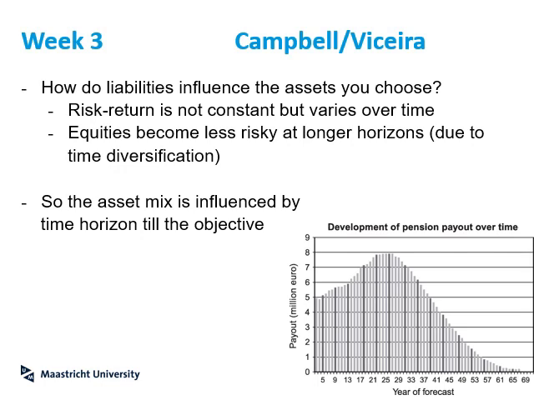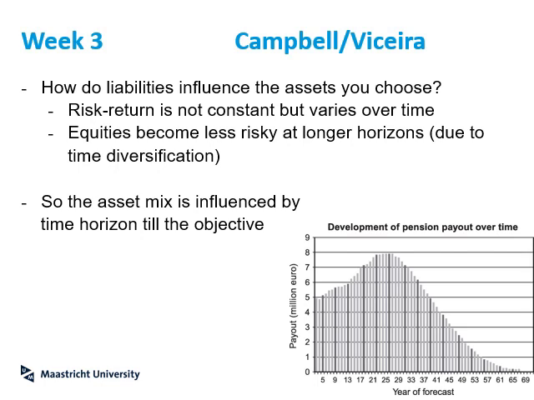So what we learned from this article is that the liabilities do influence the way we invest. Because in the end, we found out via Campbell and Viceira that risk and return are not constant over time. It actually varies. And to make it more tangible, what we saw is that equities in the short run are very risky.